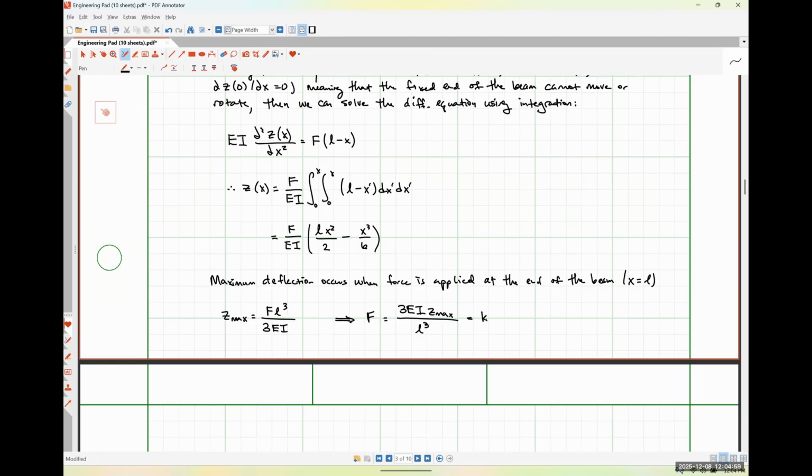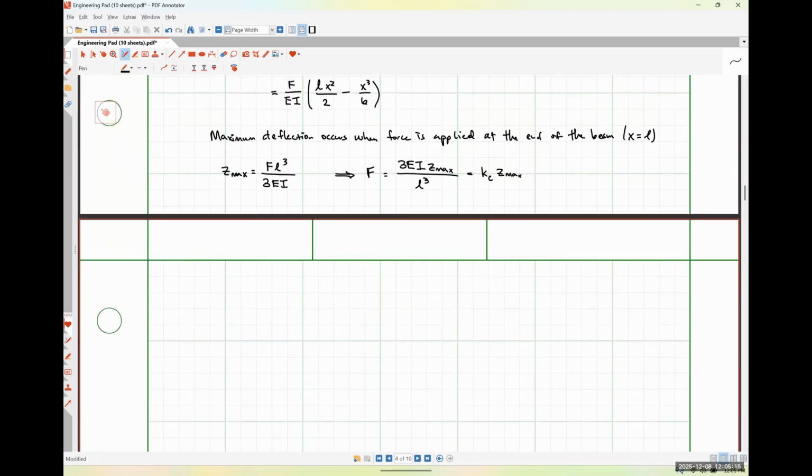So this is going to be K sub C, my cantilever beam spring constant, times my displacement, which in this case is Z max. And so we can see that the spring constant for a cantilever beam is going to be 3EI over L cubed.